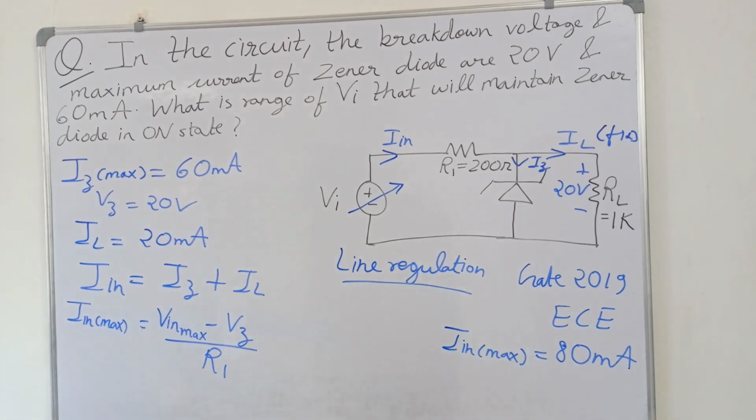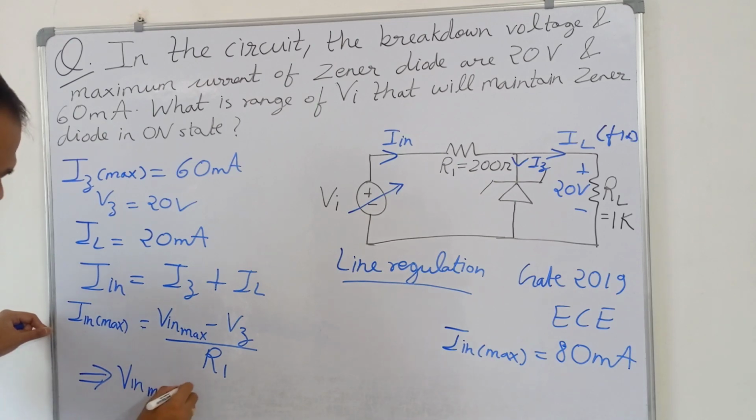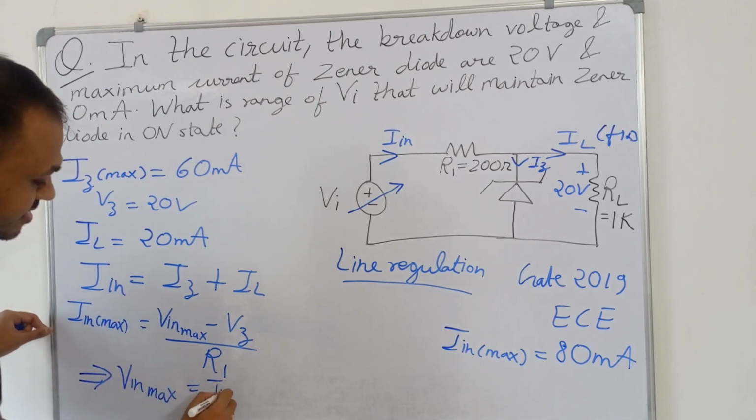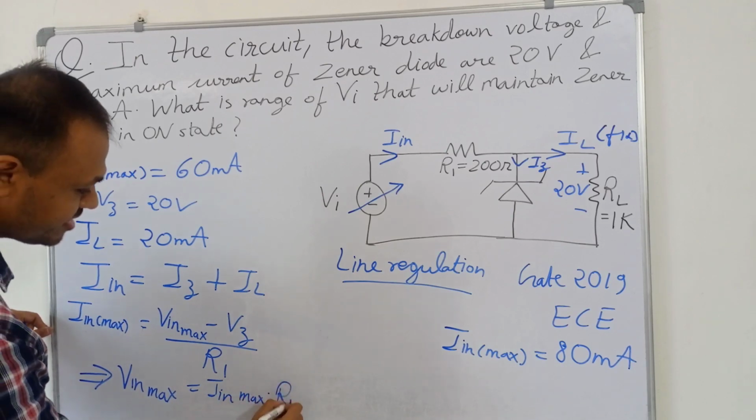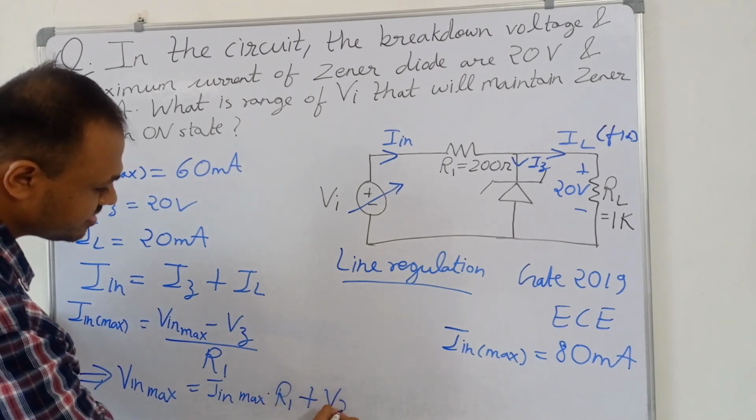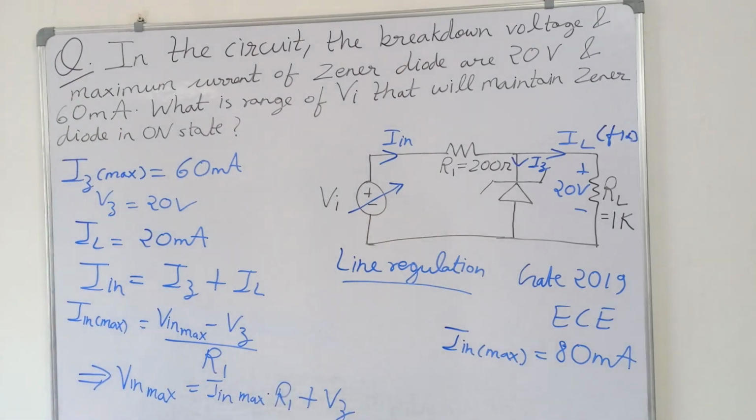So Vin maximum will be given as Iin max into R1 plus Vz.